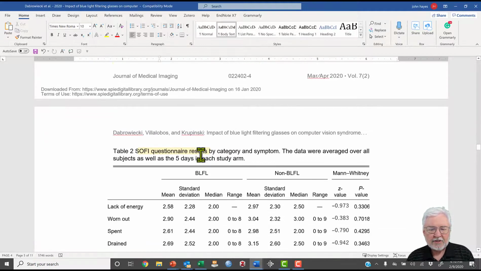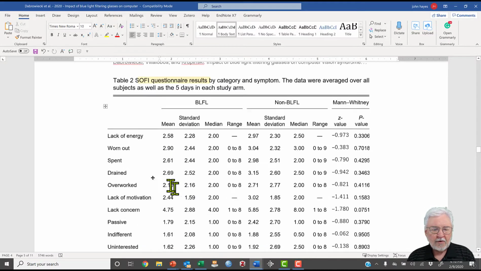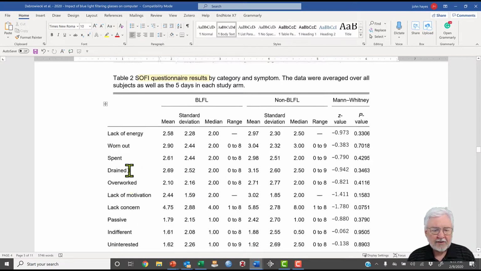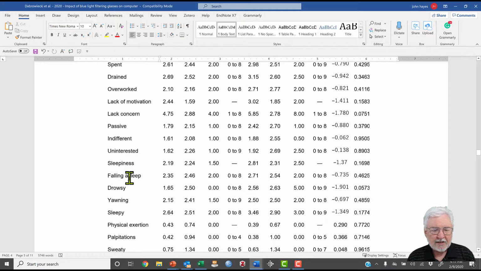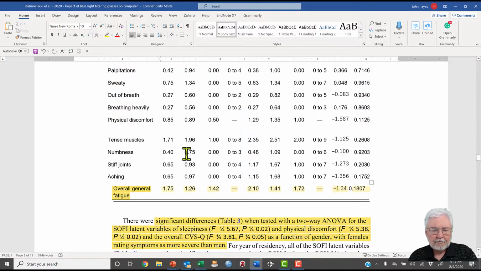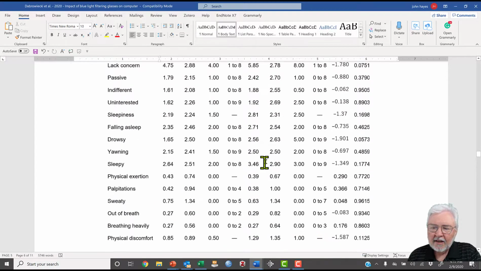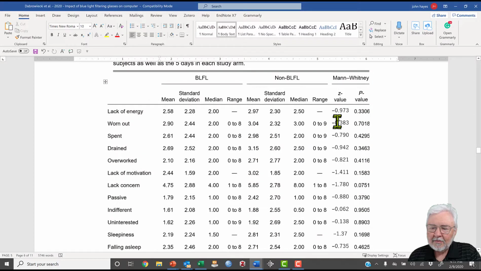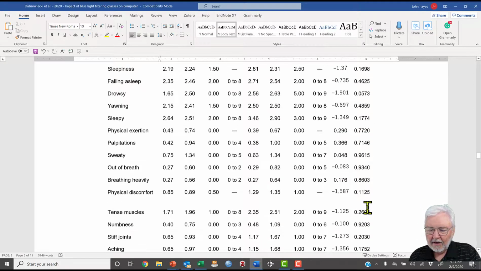In the SOPI questionnaire, it's more about lack of energy, worn out, not eyes specifically, sleepiness, falling asleep, drowsy, just kind of your alertness. And again, in terms of p-values, there's nothing in the neighborhood of significance.